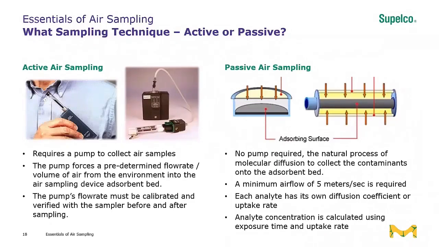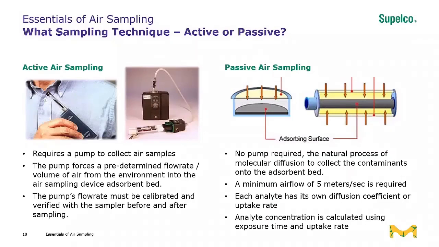With passive sampling, no pump is required because the natural process of molecular diffusion forces the contaminants to diffuse onto the adsorbent bed, and each analyte has its own diffusion rate into the adsorbent bed. And it is important to make sure that you select a device that has validated uptake rates versus experimental uptake rates.